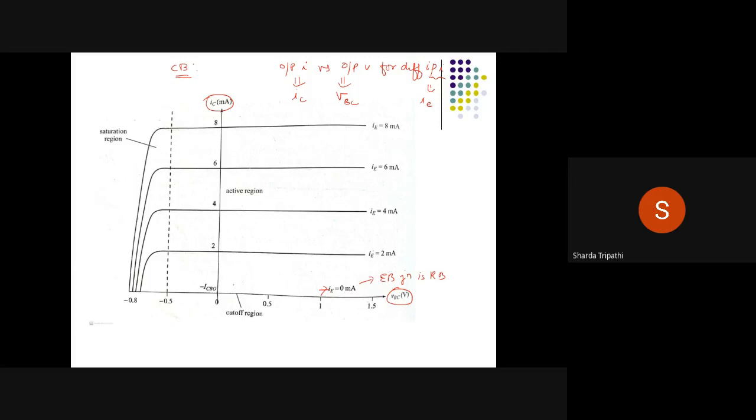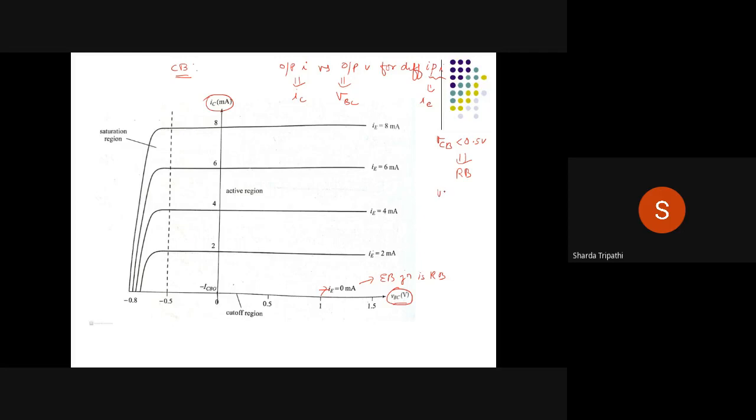Now how about the second junction? For the second junction, we need to check the voltage across it, that is, we need to check the status of VCB. In the earlier slide, we said that if VCB is less than 0.5 volts, the voltage drop across it would be less than the cut-in voltage, and then we can say that the junction is reverse biased. Here, instead of VCB, we are actually plotting VBC.